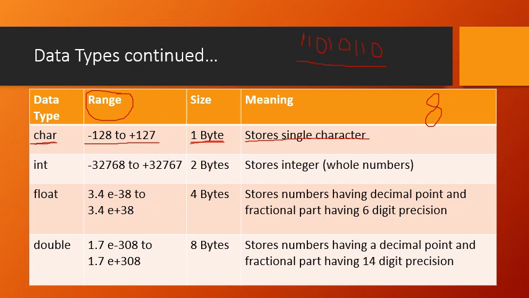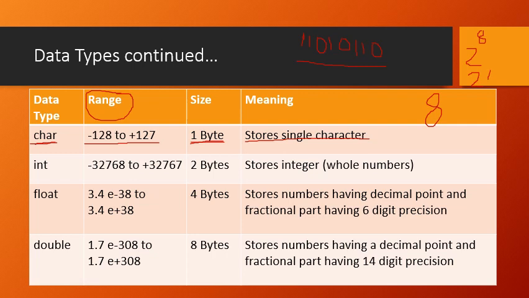The range tells the maximum number of values it can store, in terms of binary digits. Here there are 8 bits, so if you perform 2 to the power of 8, this 8 is the total number of bits. Since this is binary, 2 to the power of 8 is 256.